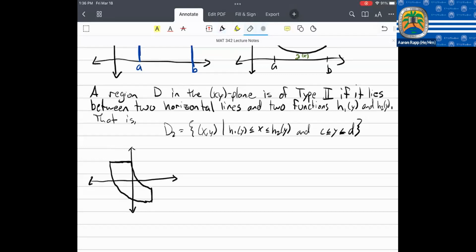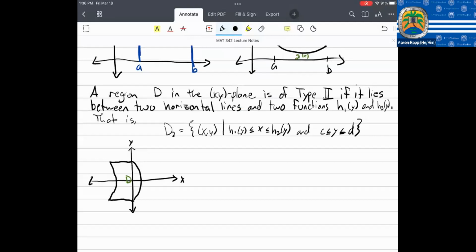Whoops. Wrong way. So this right here is an example visually of what a region of type 2 looks like, right?